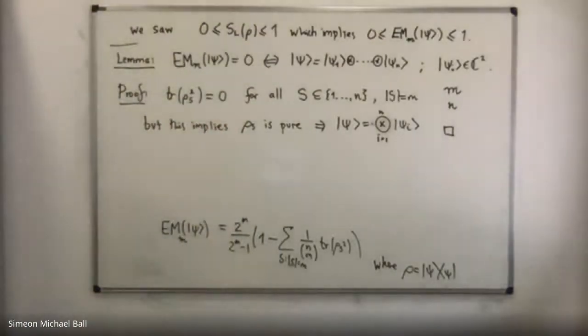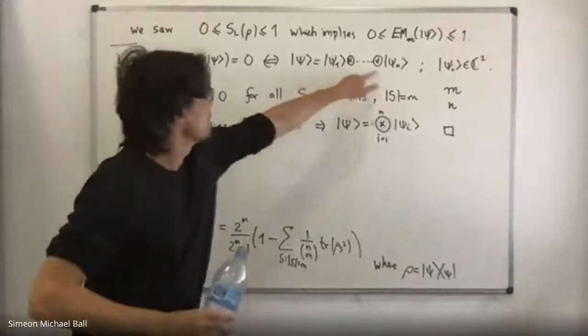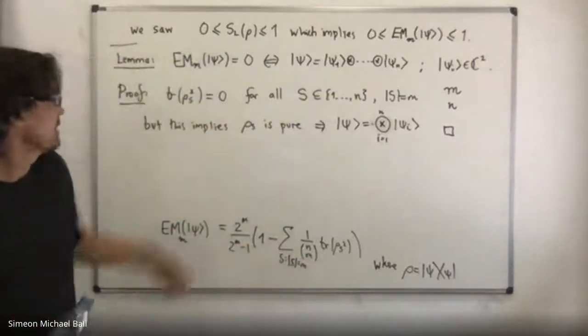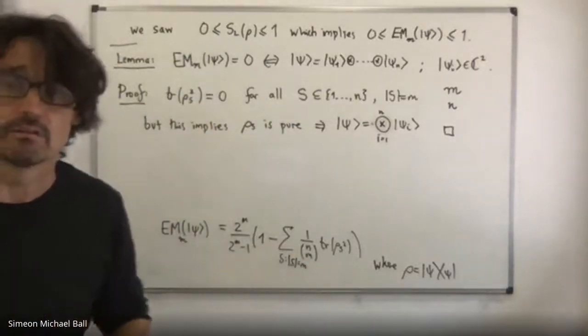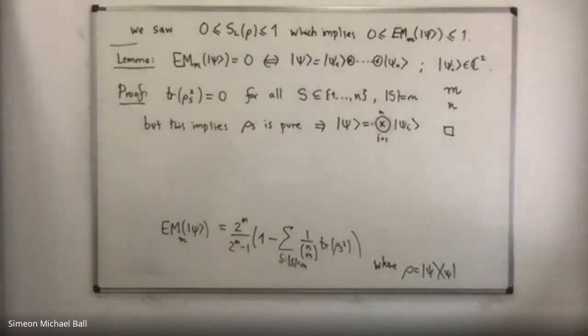So it's just n qubits. Everything's pure by every single reduction down to m states. Wait, and why does this imply so quickly that?